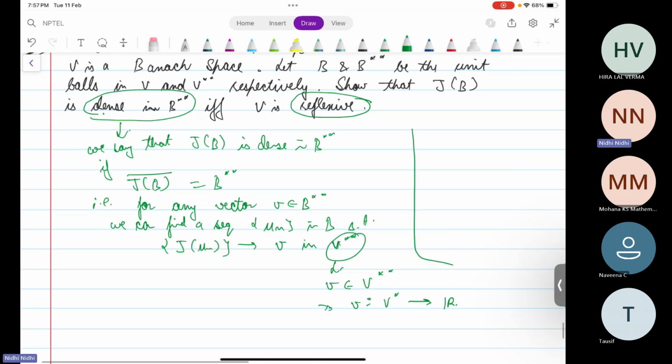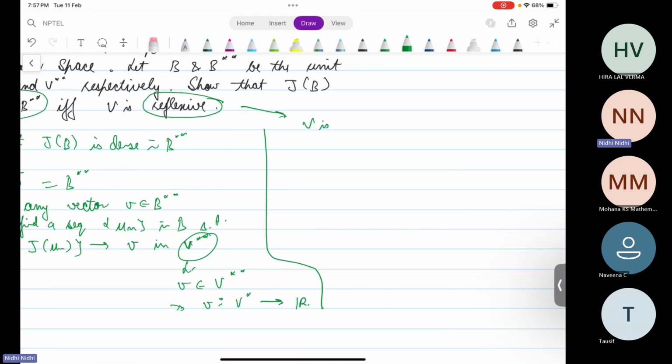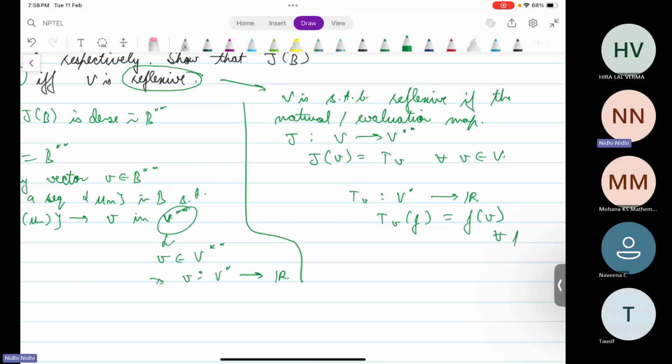Then comes reflexivity. V is said to be reflexive if the natural or evaluation map J from V to V star star, where JV is equal to TV for every V in V, is surjective. Since TV is an element in V star star, it is a linear functional from V star to R, defined as TV of F equal to the value of F at V for every F in V star.